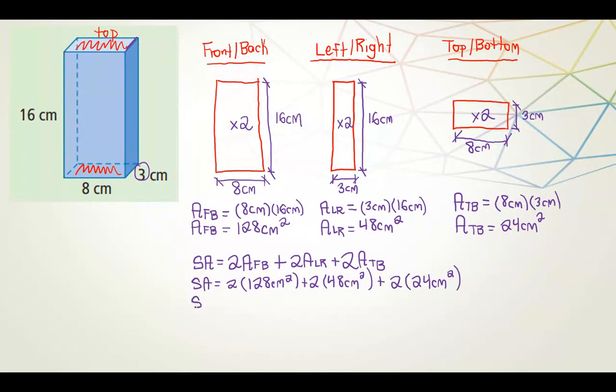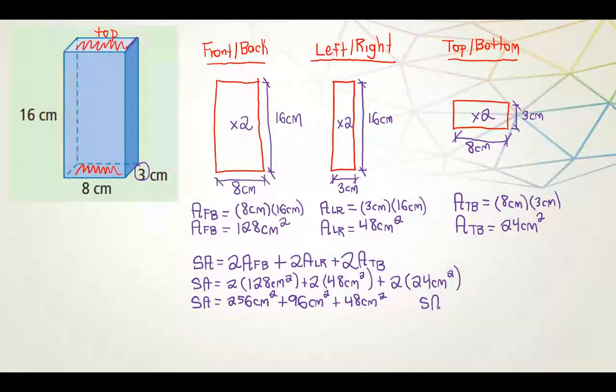And if we keep breaking this down, your surface area is 2 times 128 would be 256 centimeters squared, plus 2 times 48 would be 96 centimeters squared, plus 2 times 24 would be 48 centimeters squared.